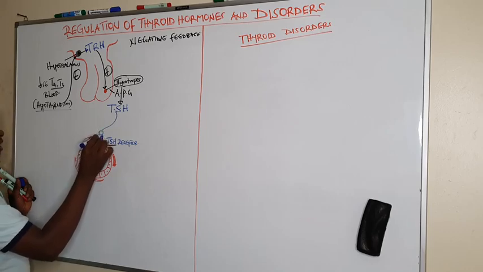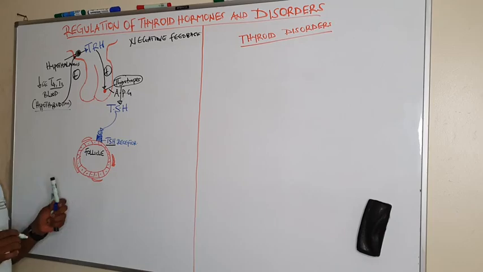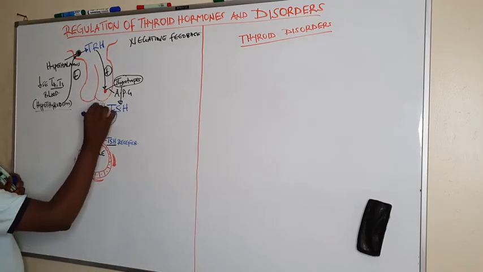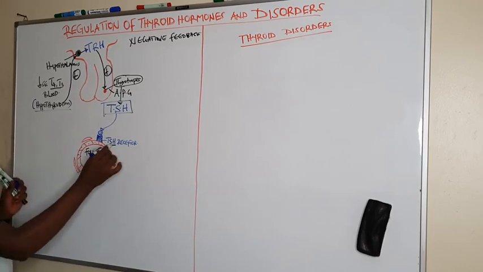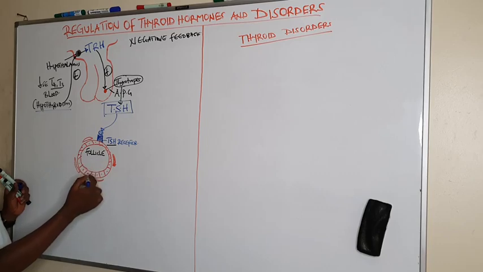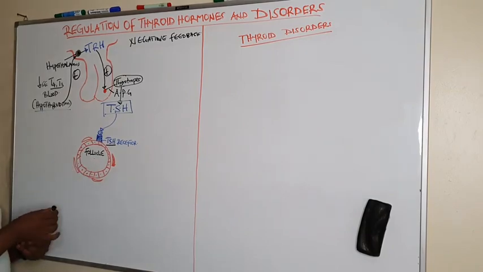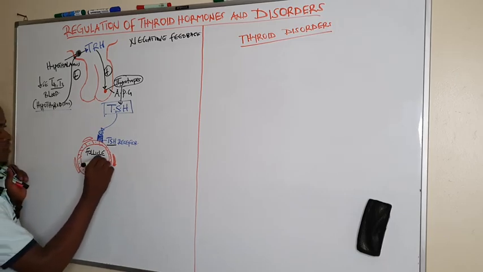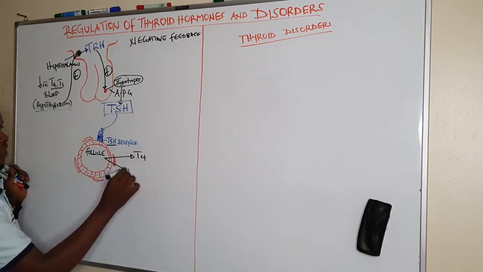So the TSH comes and binds on the TSH receptor on the follicular cell of the thyroid gland, and after binding, it is going to stimulate the follicular cell of the thyroid gland to synthesize and secrete T4 and T3.